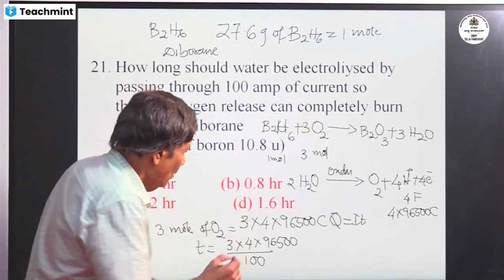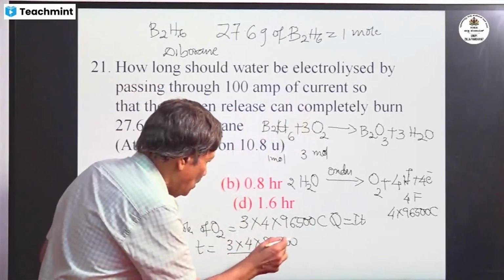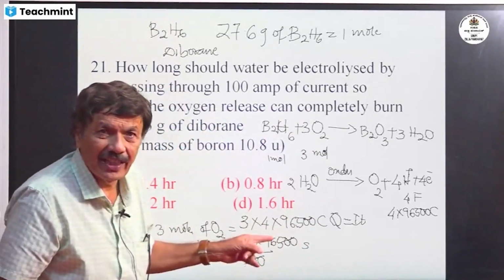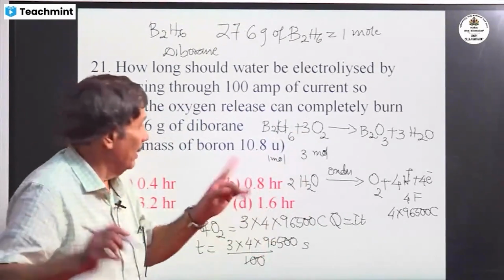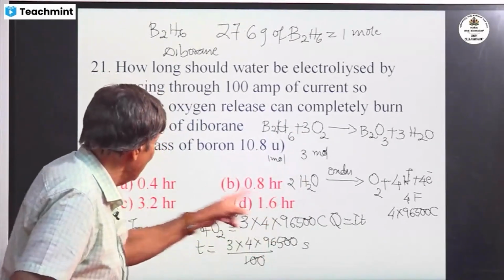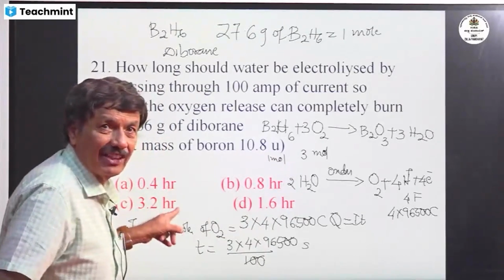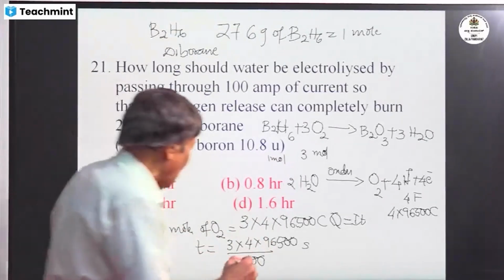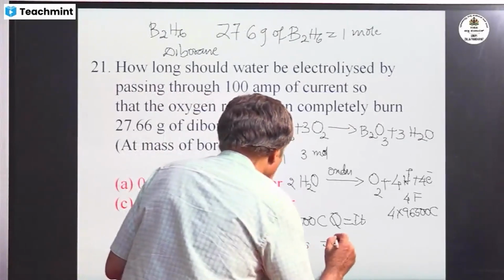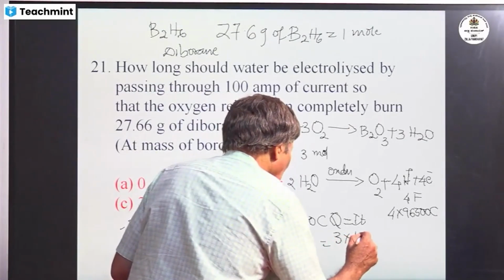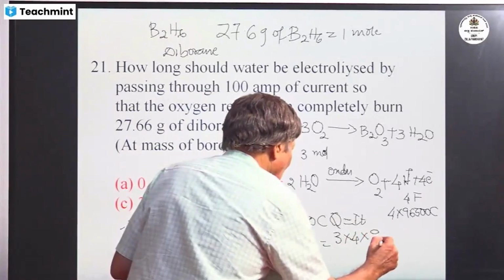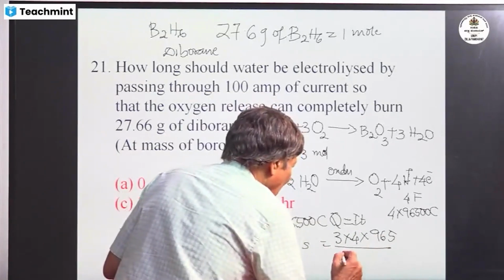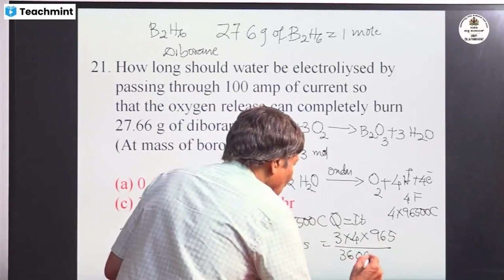So what shall we do? These two zeros you cancel. What you are getting is in seconds. But see the answer, they have given it in hours. So this is seconds. If I want to convert it into hours, what should I do? 3 into 4 into 965, because 2 zeros are cancelled, divided by 3600.